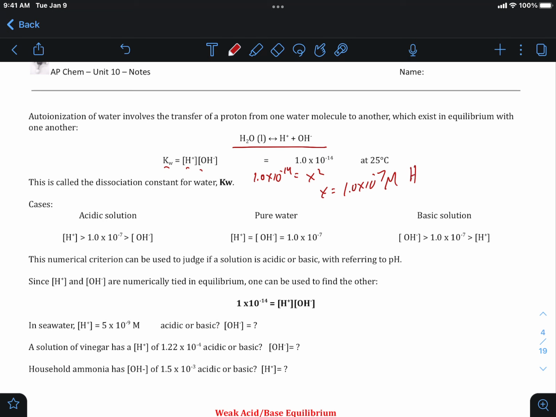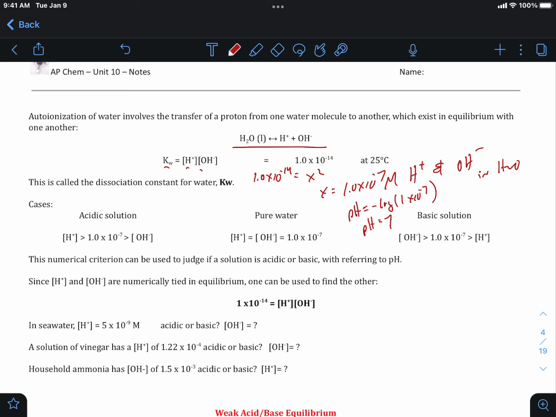So that's the concentration of H plus and OH minus in water. So what happens if you take the negative log of 1 times 10 to the minus 7? What do you get? 7. That's why we consider a pH of 7 neutral.